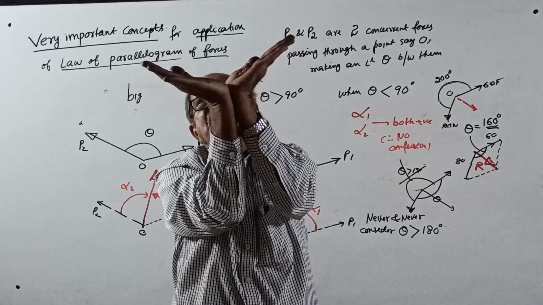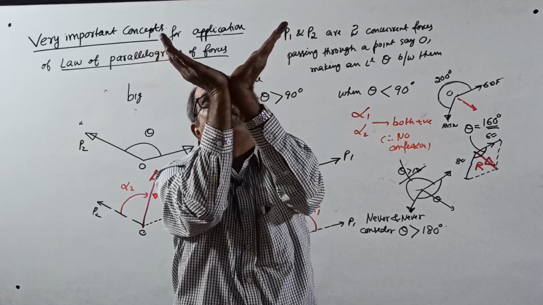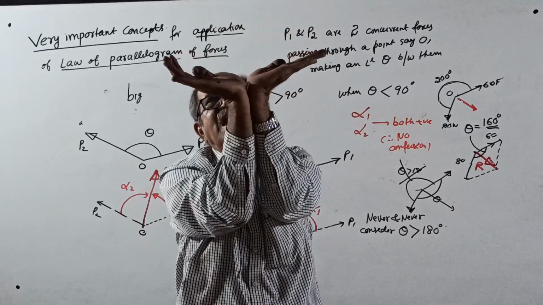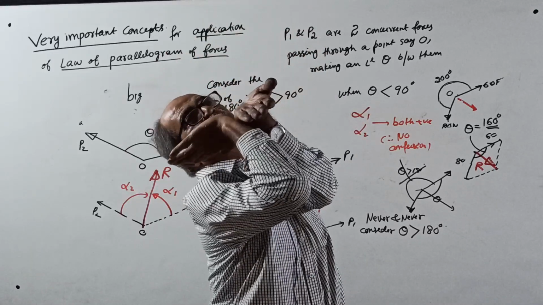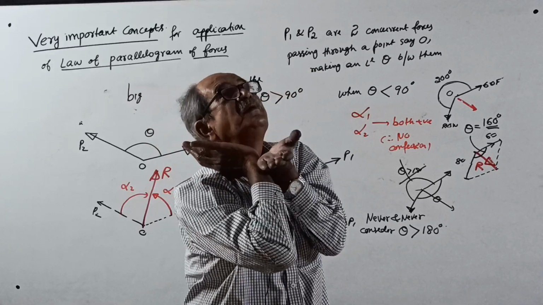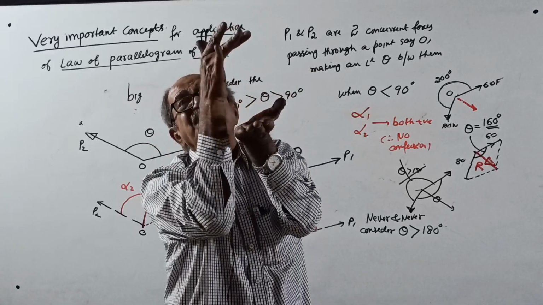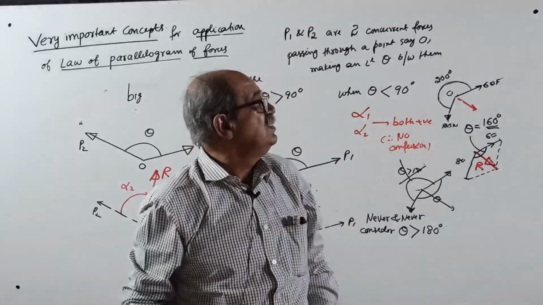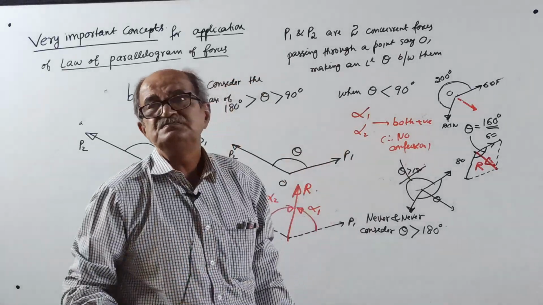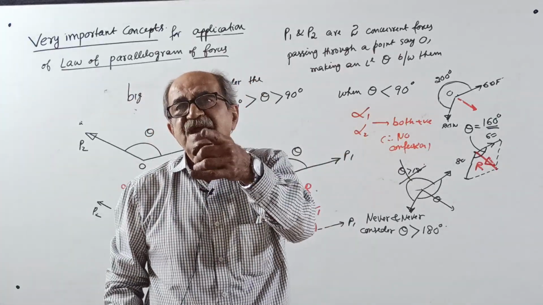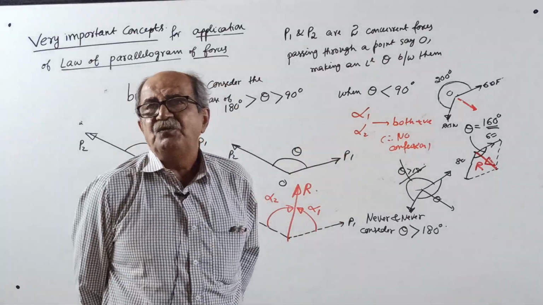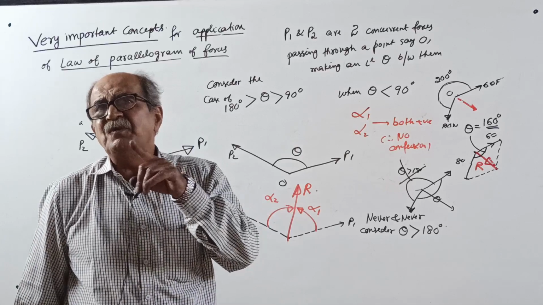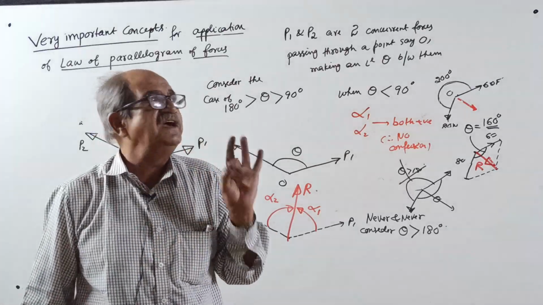Now, if theta is, by chance, more than 180 degrees given here, don't take that theta. Take this theta, or make a big note: your theta for calculation purposes should be any value from 0 to 180 degrees.